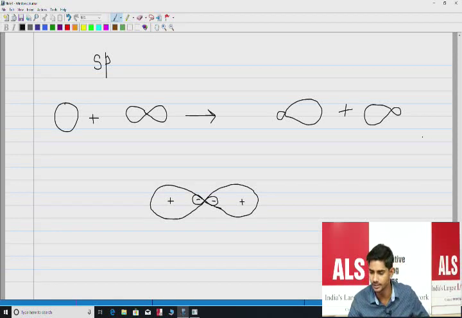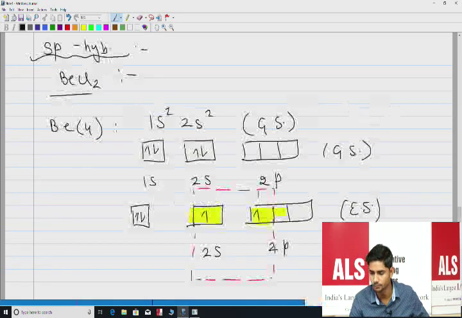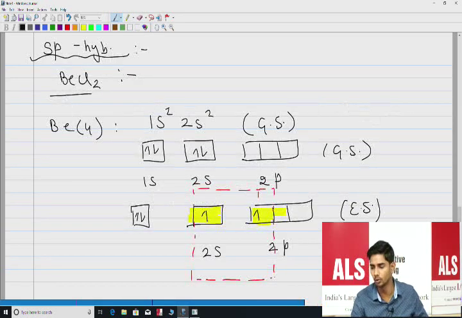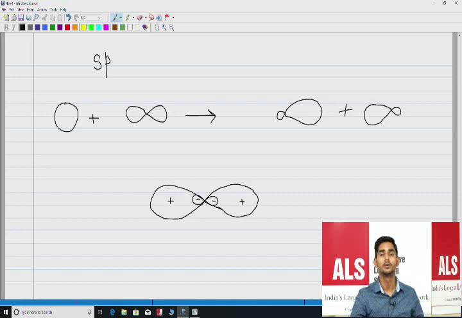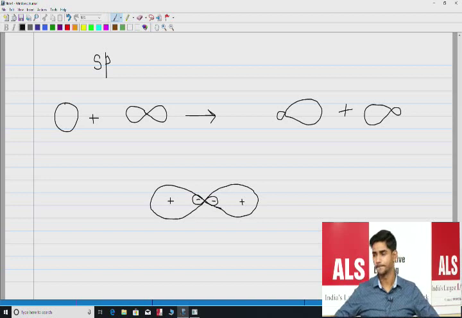Now my question is, in BeCl2, I'm talking about the chlorine. Can you please tell me which block chlorine belongs to? I hope you have heard about SPDF blocks. So in which block is chlorine present?